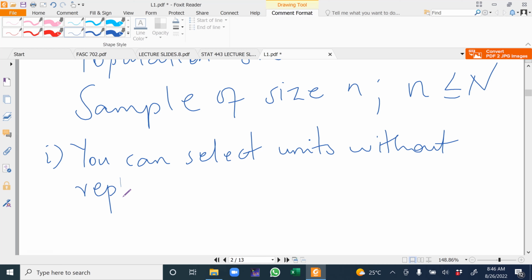What this means is that a unit can only be selected once and only once into the sample. So you have the population, you pick a unit, and once you pick it, that is it. That is sampling without replacement.